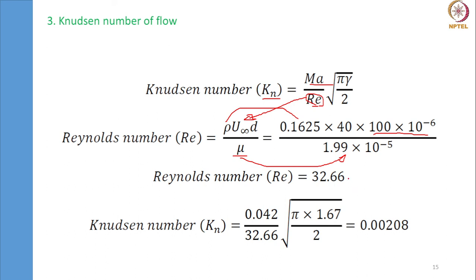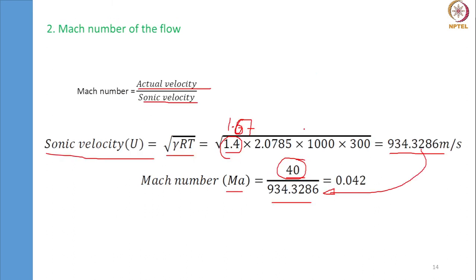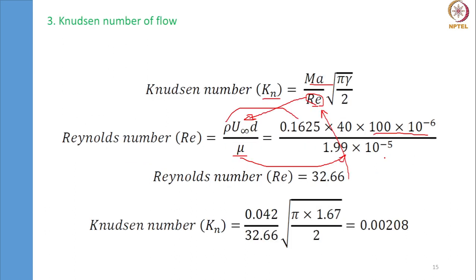Once we plug this value in this formula, where the Knudsen number is given as Mach number by Reynolds number into root pi gamma by 2, the Mach number is already known from this equation. We have already got the Mach number as 0.042. So the Knudsen number is finally 0.00208.